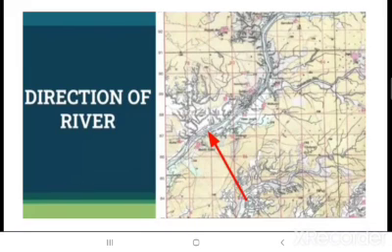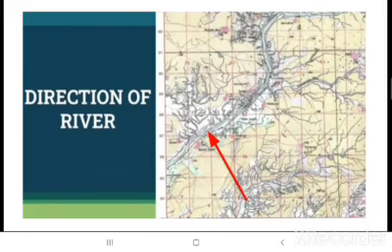Once you are able to identify the direction, observe yourself as if you are flowing in the same path. Suppose in this river it is moving from right to left. If I place myself in the same stream, my left hand will depict the left bank of the river, and my right hand will depict the right bank.